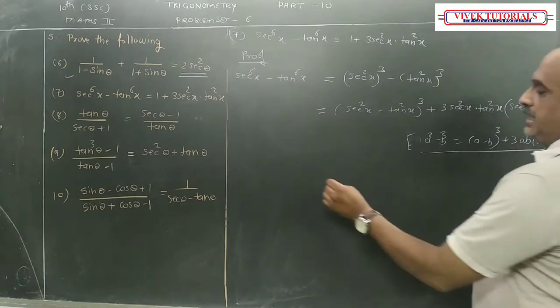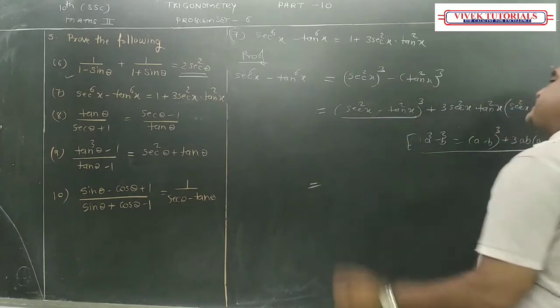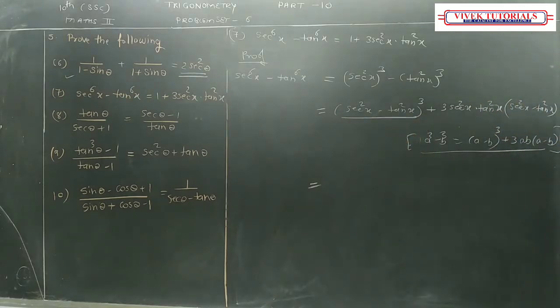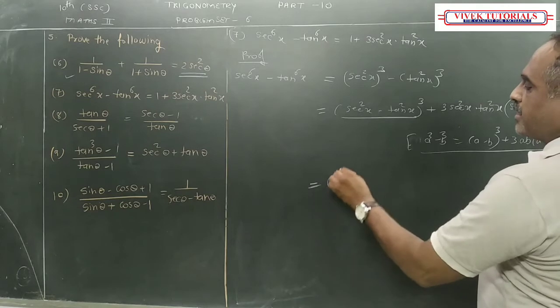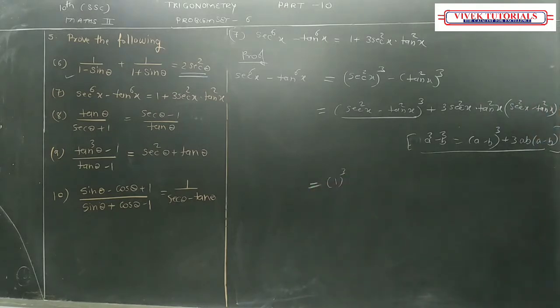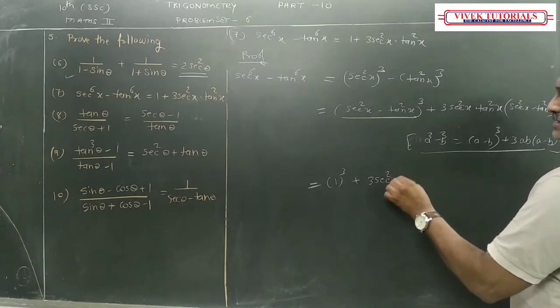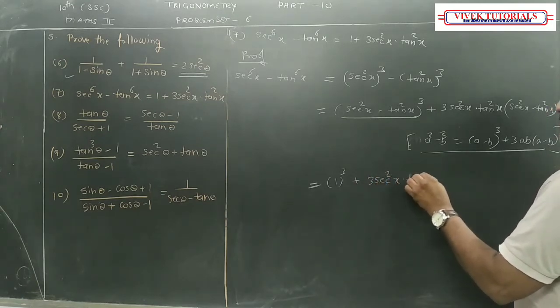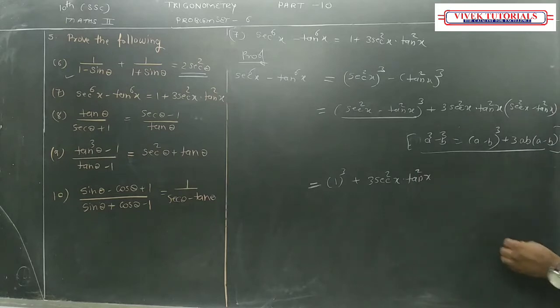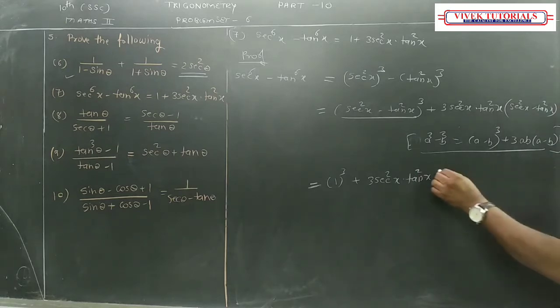Now just see, sec square x minus tan square x is nothing but 1, so 1 cube plus 3 sec square x into tan square x into this part is 1 again.